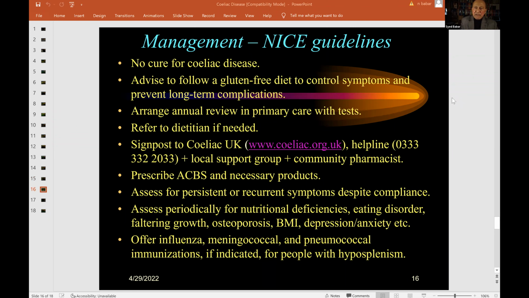So the management, according to the guidelines under the NHS, first of all, the starting point is that celiac disease is ill understood, even though linkage with gluten is well established, and accordingly, there is no cure for celiac disease.